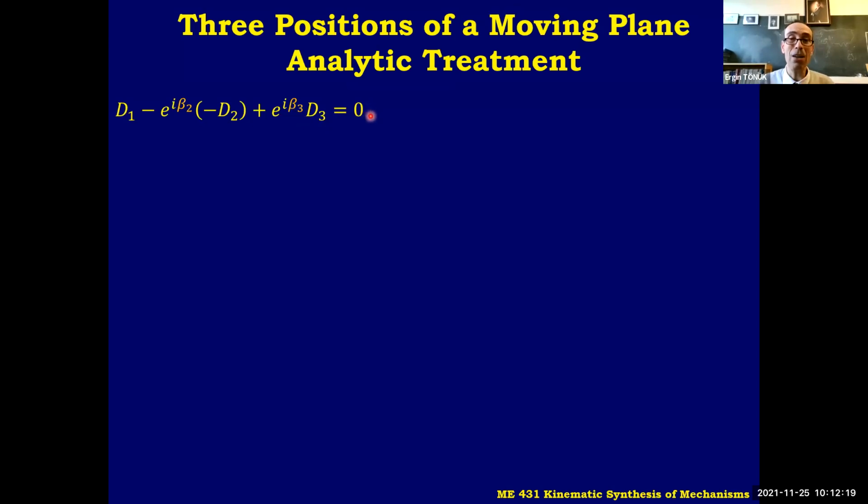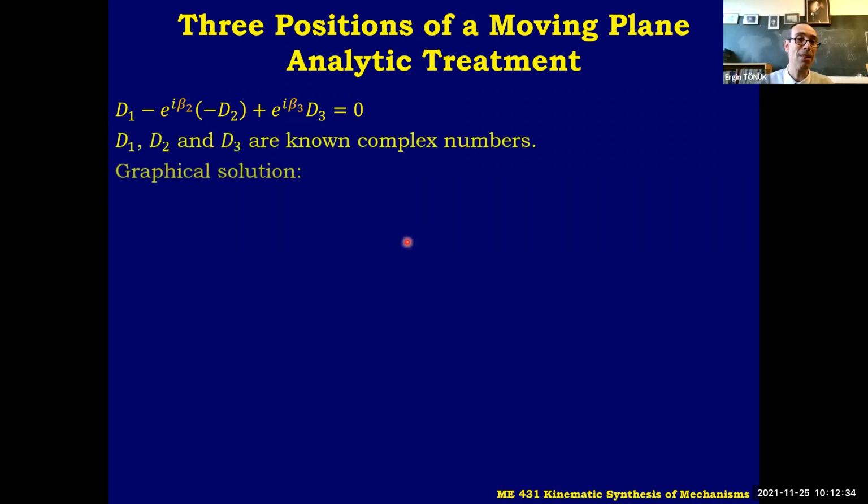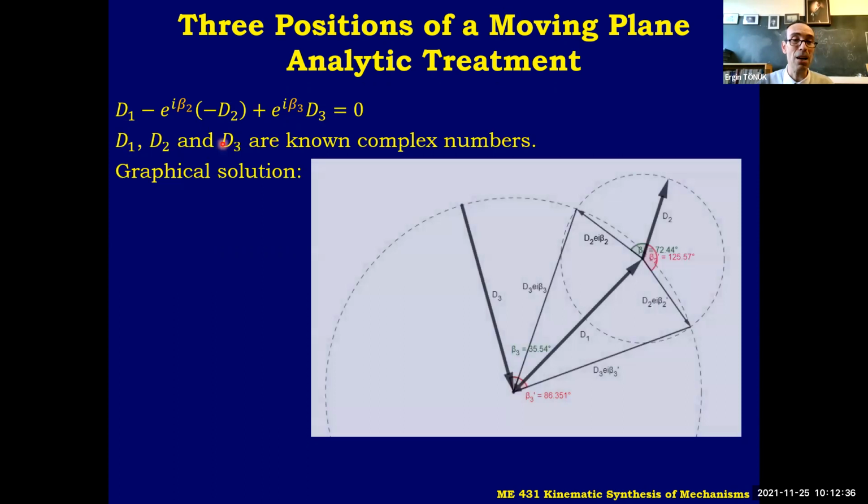So actually, I can have a graphical solution to this problem very easily. Like this. These are three complex numbers. I draw the D1 based on the values I have.